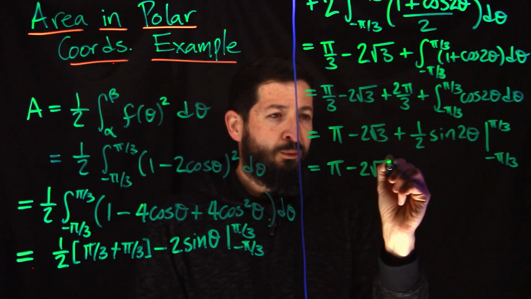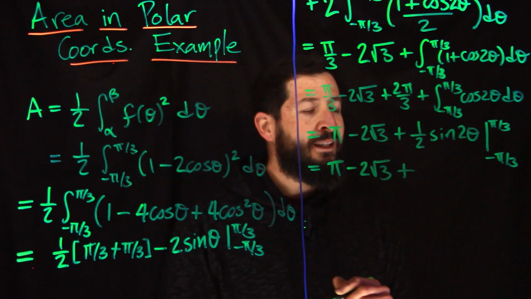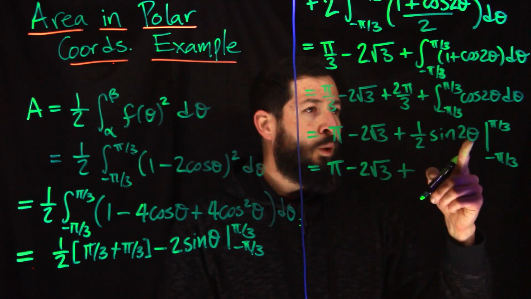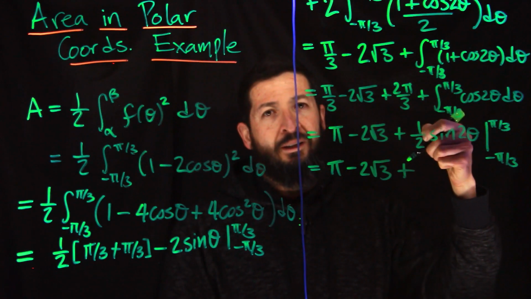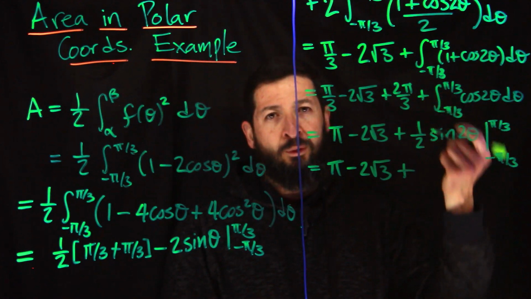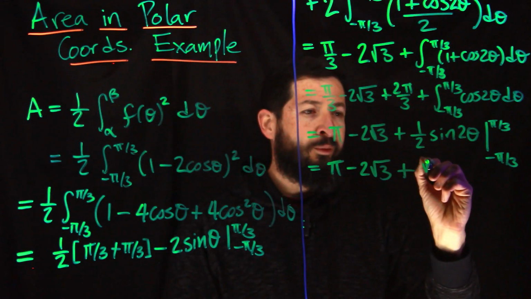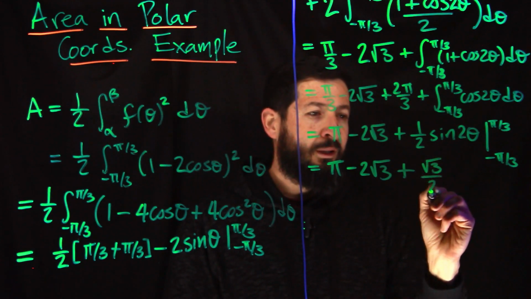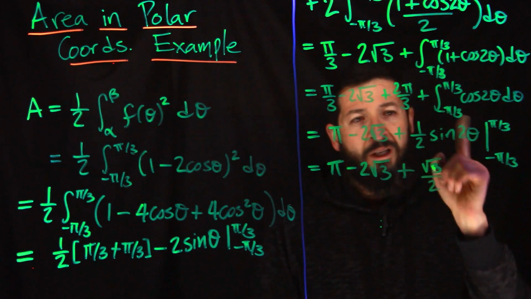Not yet. Root of 3. So now this one plus, and I'm going to have the 1/2 sine of 2 pi over 3. That would be 1/2 of the square root of 3 over 2. But I'm going to do it twice. So I'm going to have plus square root of 3 over 2 in total.